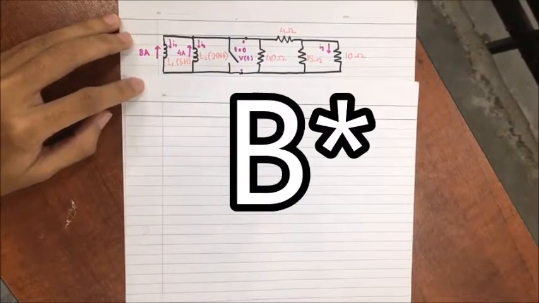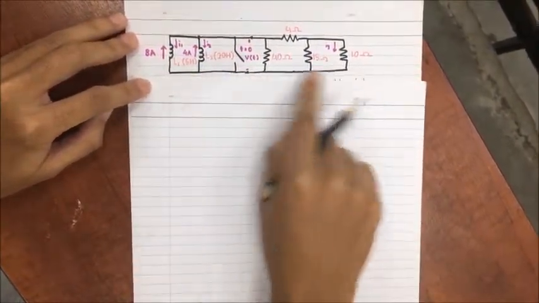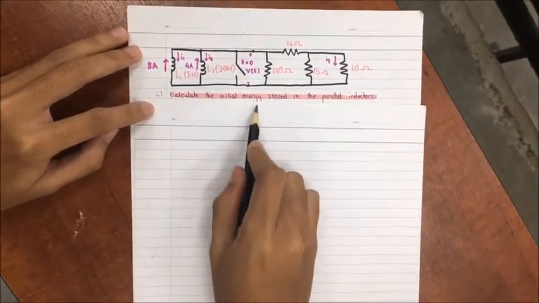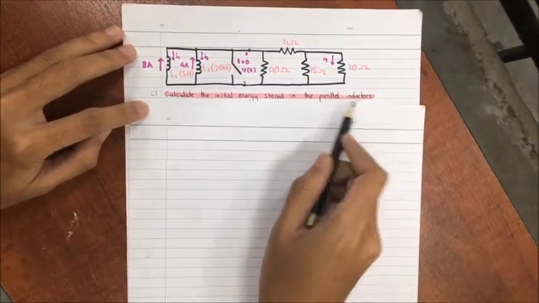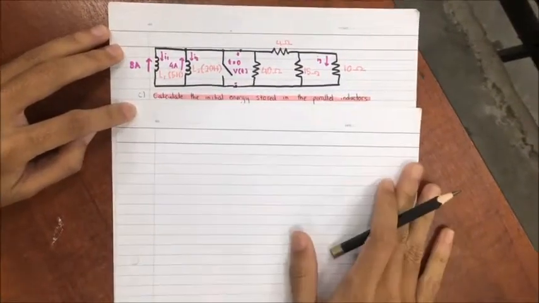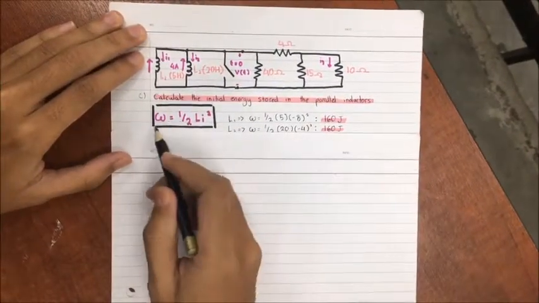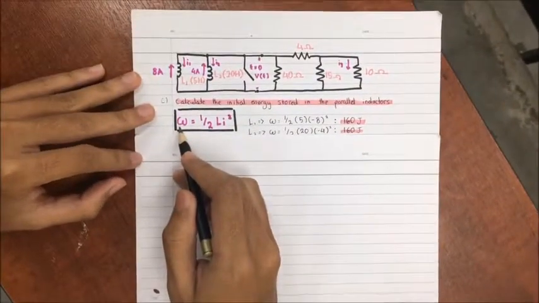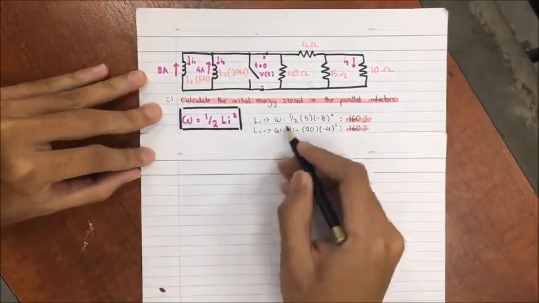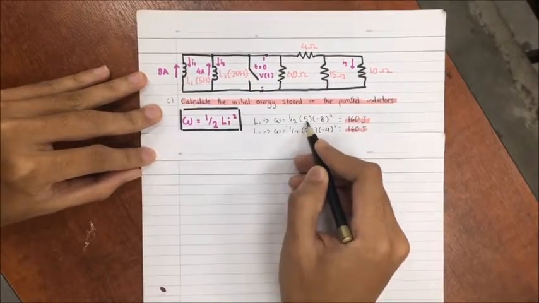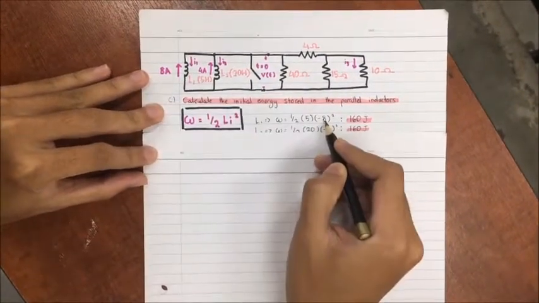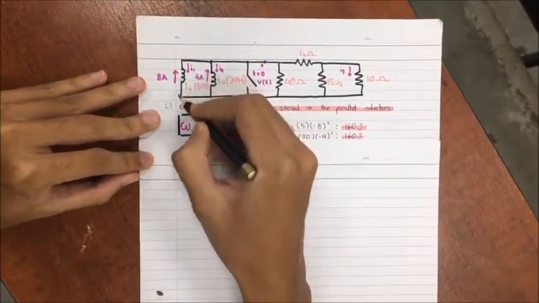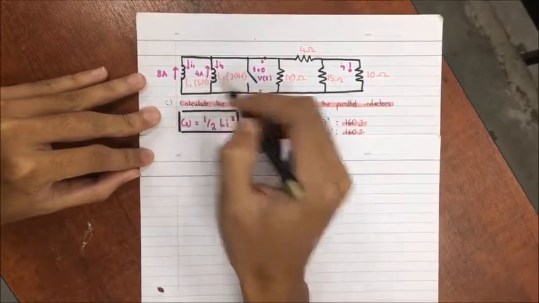Okay, so for part C, this is the original diagram from the question, and for C we need to calculate the initial energy stored in the parallel inductors, L1 and L2. We use the formula W equals half L i squared, which is the formula for energy in each inductor. For L1, we substitute 1/2, the inductance is 5 Henry, and the current is negative 8 ampere because I1 is traveling in the opposite direction to L1.